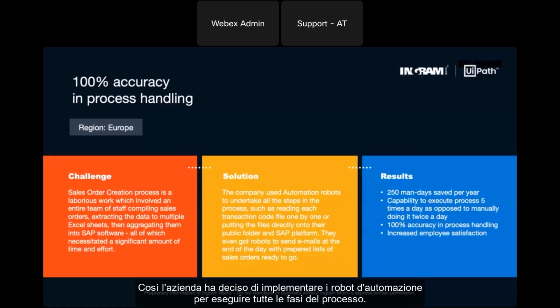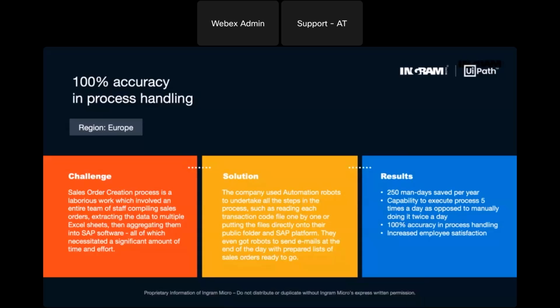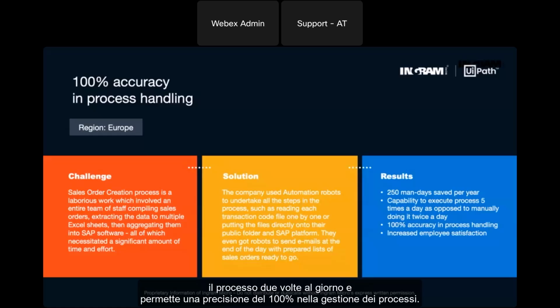So the company decided to implement automation robots to undertake all the steps in the process. So they save 250 man days per year. They now have the capability to execute the process 5 times a day, as opposed to the manual process that just allowed them to perform the process twice a day, and 100% accuracy in process handling.